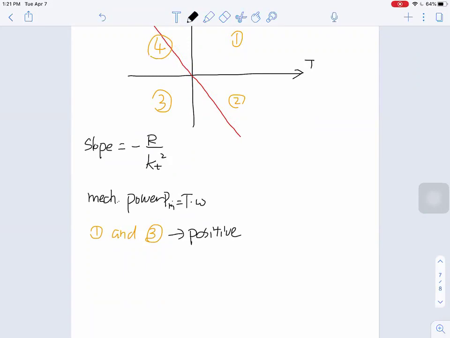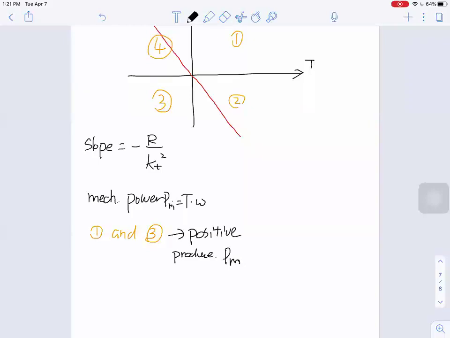That means in these two regions, the motor is generating mechanical power, producing mechanical power.